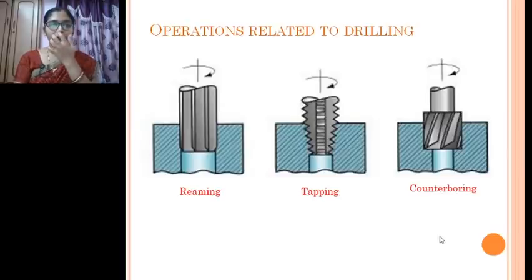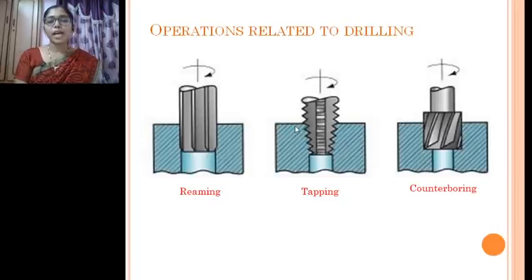You can see the cutting edges on the surface of the tool, a multi-edge, multi-point cutting tool. Whereas in a boring operation, you will be using a single point cutting tool to enlarge the existing hole.